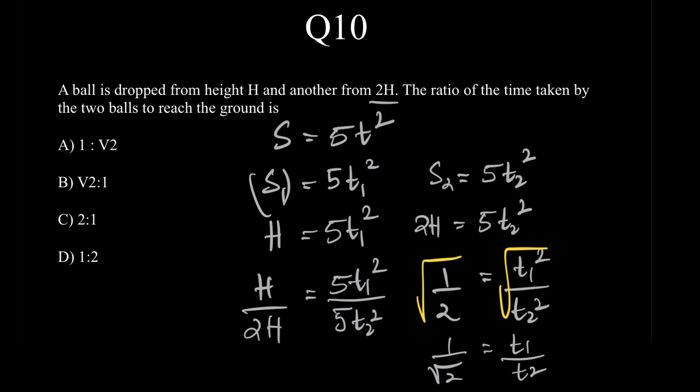This is not v2, it's root 2. So the correct option would be t1 is to t2 equals 1 is to root 2. So the correct option is option A.